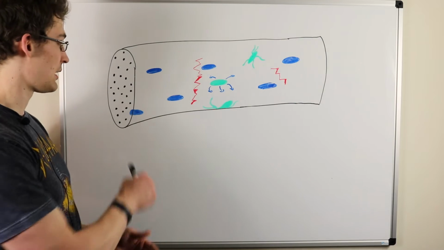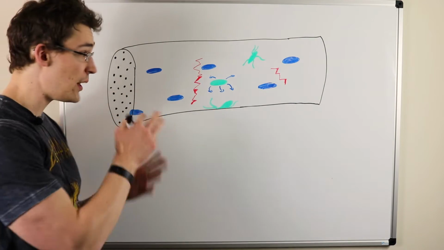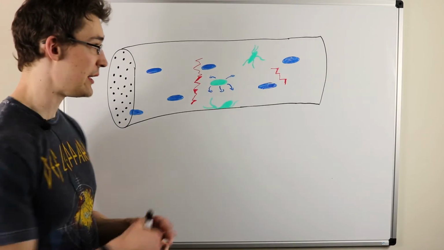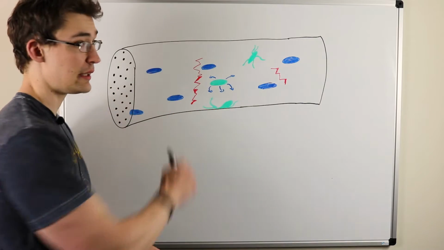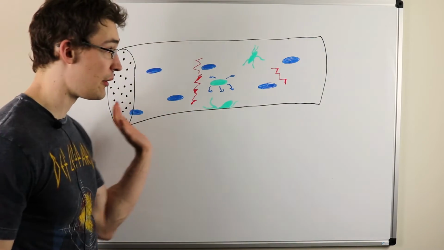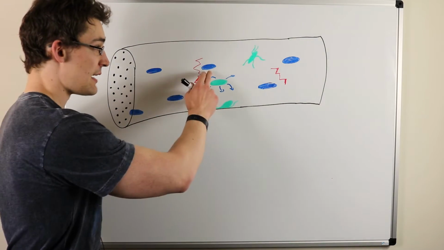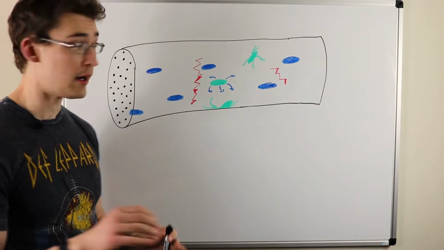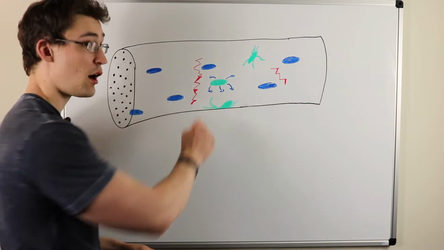What's really interesting about all of these nuclei is that there's something called a myonuclear domain, in which a single nucleus on a muscle cell, although there are many different nuclei, will be essentially responsible for a particular space around it.